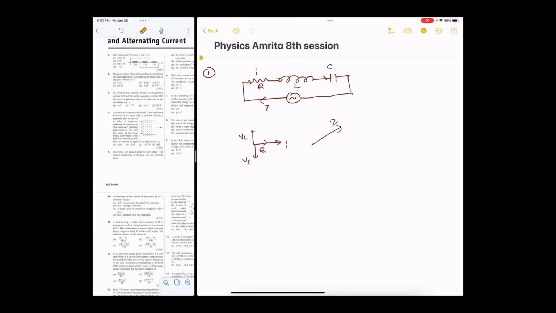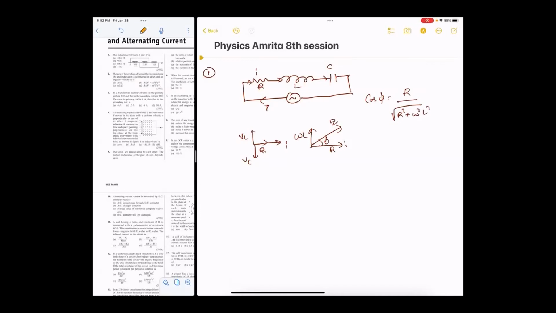Resultant Z, and this is I. This angle is phi. So what we are asking is cos phi, the power factor. Cos phi is base by hypotenuse. Base will be resistance R, and this will be omega L. So cos phi is R by under root R square plus omega square L square.